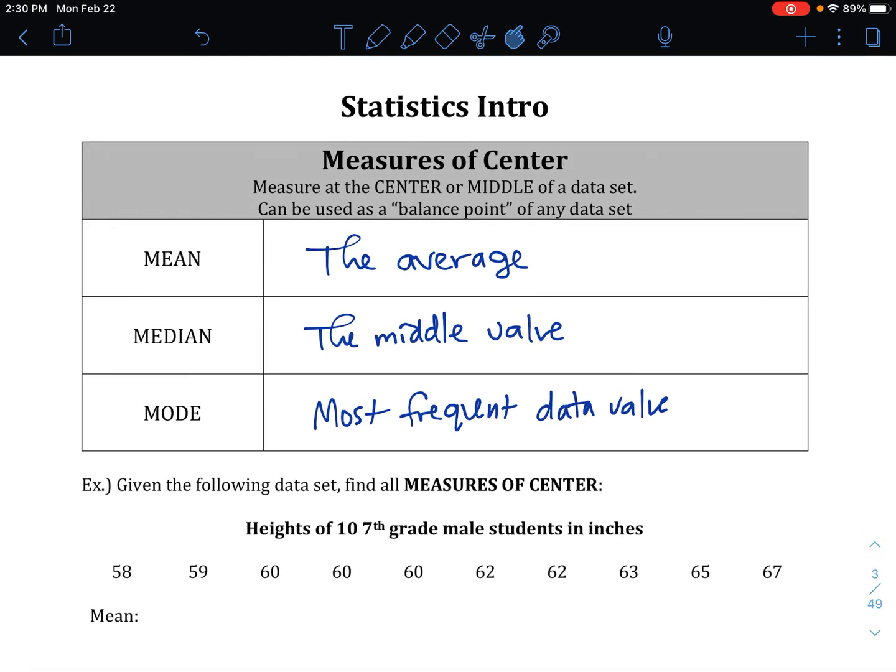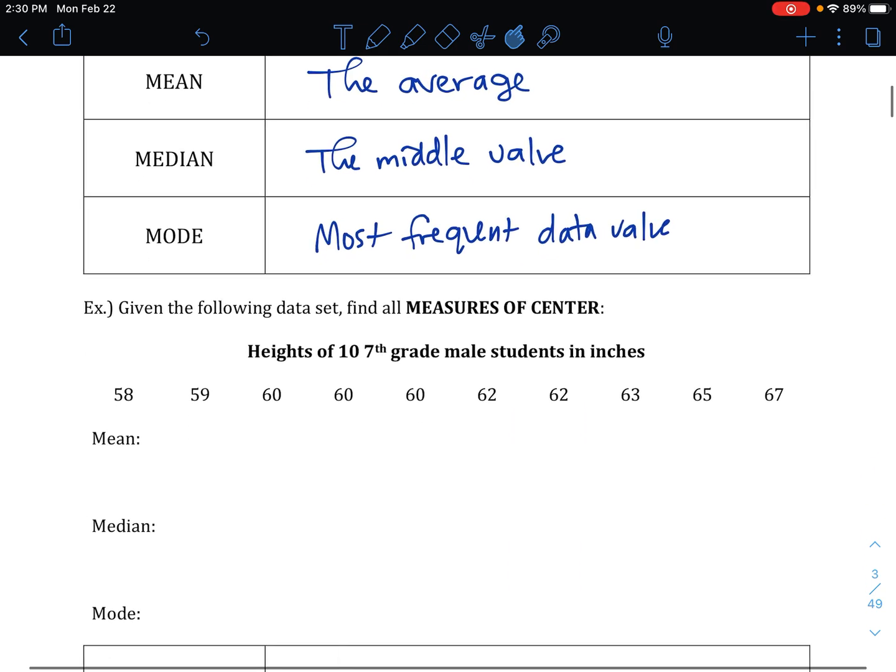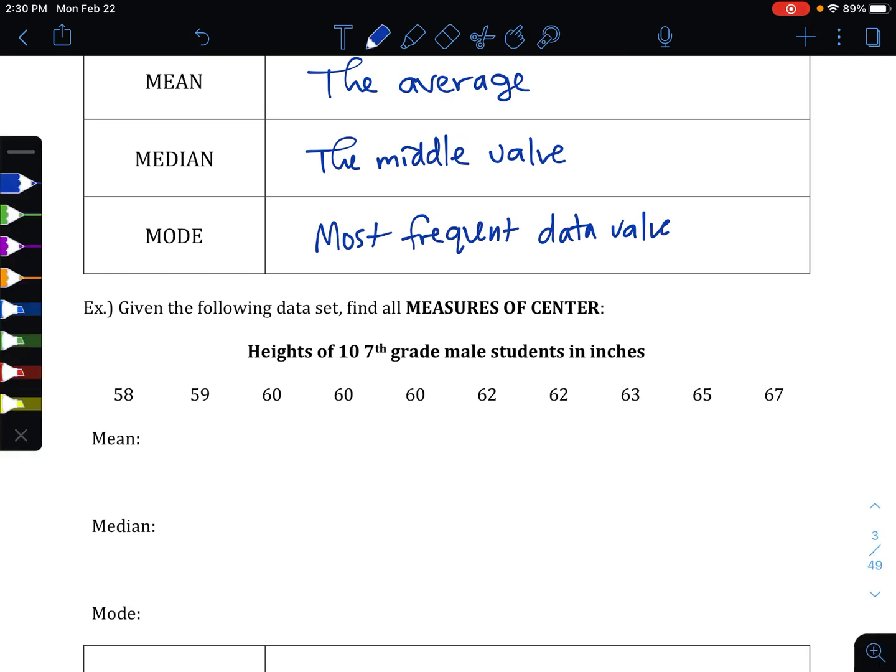Okay, so we're going to find all the measures of center here for this data. And you'll notice here the data is already in order from least to greatest, which is very helpful when it comes to finding the middle, the mean, or the median. But we're going to first find the average, the mean. So the average really is just adding everything up and then dividing by how many there are. It says there are 10 students, so you can just divide by 10.